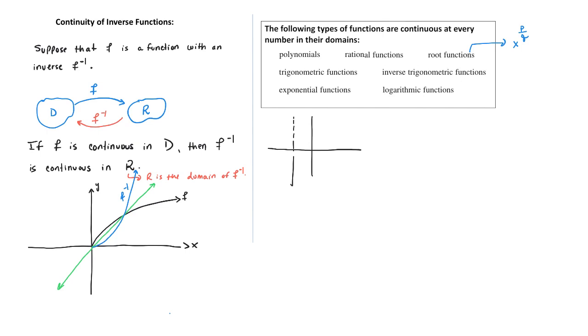Tangent has a vertical asymptote at negative pi over 2, and then it continues at 3 pi over 2. I am only going to do one cycle, however. Within its own domain, tangent is beautifully continuous. So as long as you exclude all of the vertical asymptotes, tangent will be continuous in its domain.